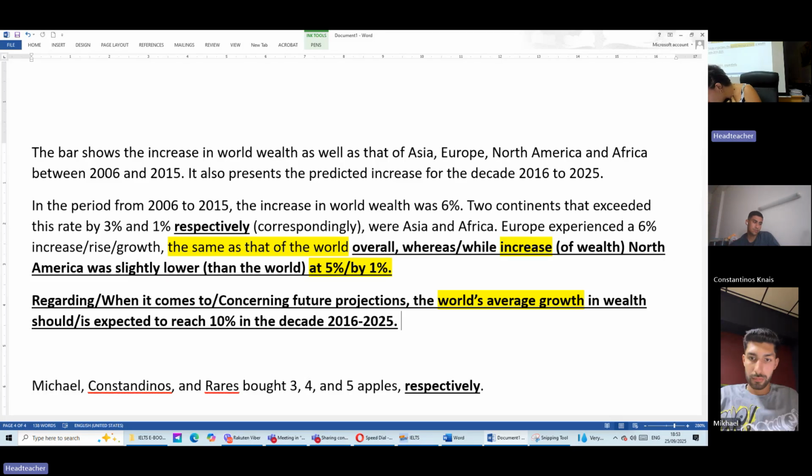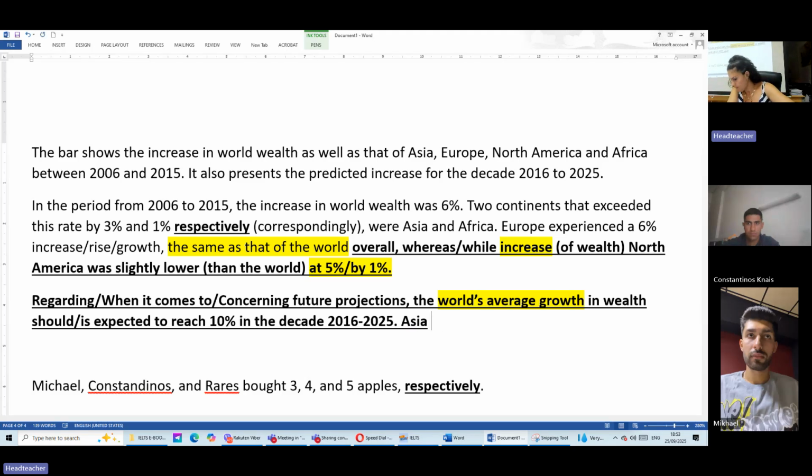And Africa is much higher at 14%. Okay, so Asia and Africa.